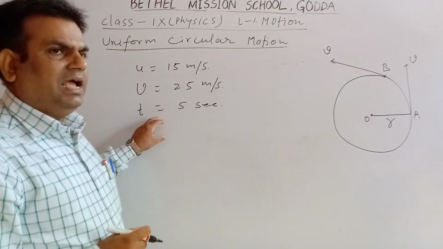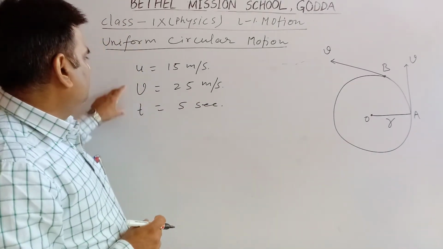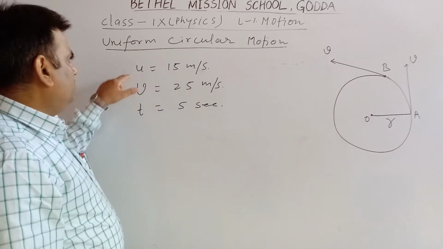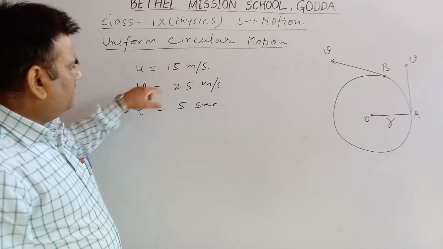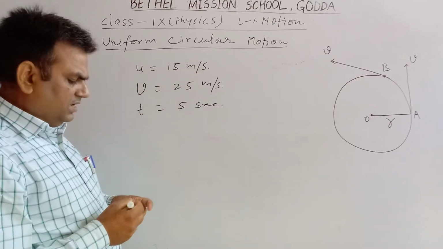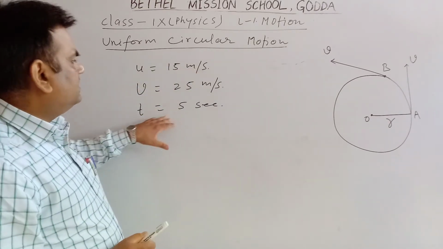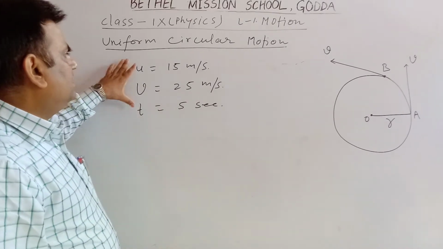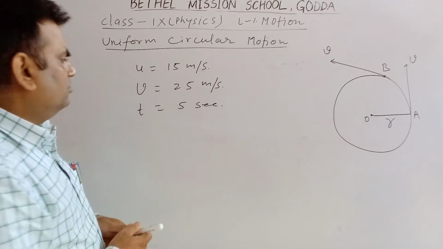So what is the acceleration of the object during this journey? So we have u as 15 meter per second, velocity v as 25 meter per second, and time t is 5 seconds. So we will use here the first equation of motion.